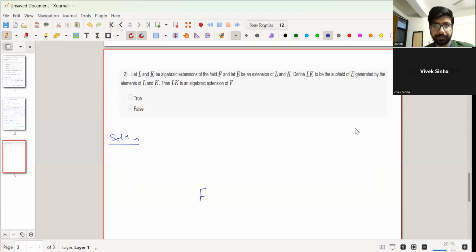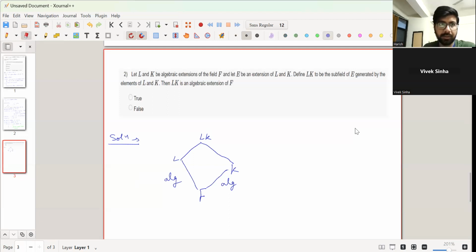Then you have L and K as two algebraic extensions. So here it is K, say, and here it is L. So this is an algebraic extension, and this is an algebraic extension. And then you have LK, which is being generated by elements of L and K.